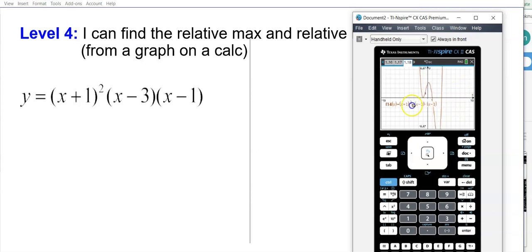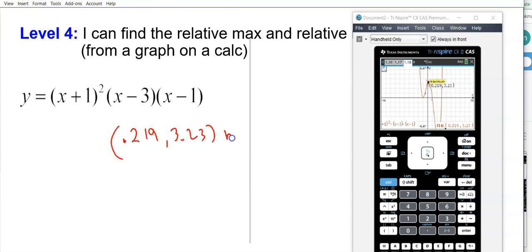Oh, wow. Got a lot happening here. So then you would go menu 5, 1. I think we've done something kind of like this. The maximum there is 0.219, comma 3.23. That's a max. This is not max value, it's just relative max or min.